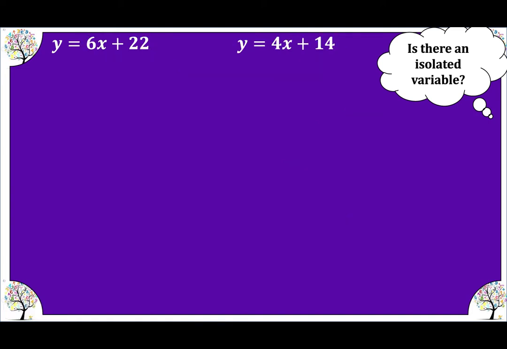Here, do we have an isolated variable? We sure do. So y equals, I always like to circle my expression that I'm substituting in. And I'm going to replace y and substitute in 6x plus 22 equals 4x plus 14.